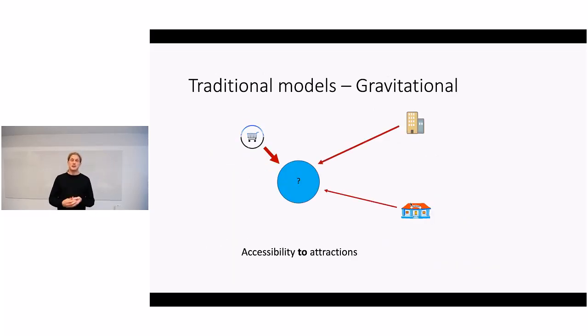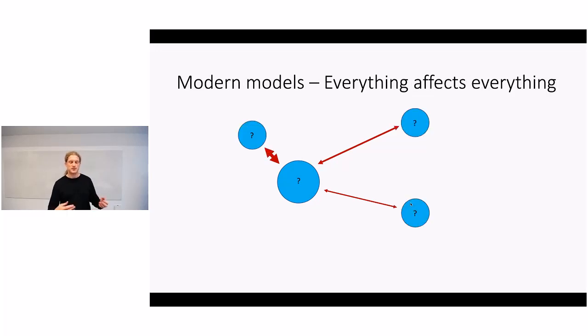So that led to development of gravitational models, where you look at the accessibility to attractions, to workplaces, to shops, for example. And then the next step is more modern models, where you say that everything affects everything, that you don't have to point out where the city center is and what you want access to.